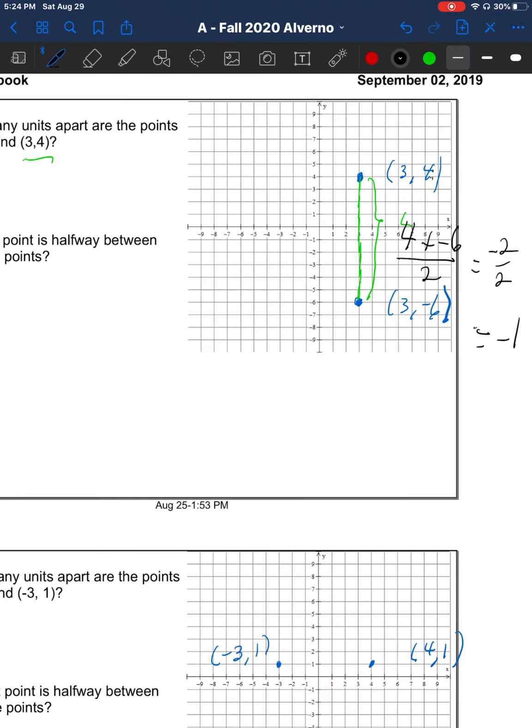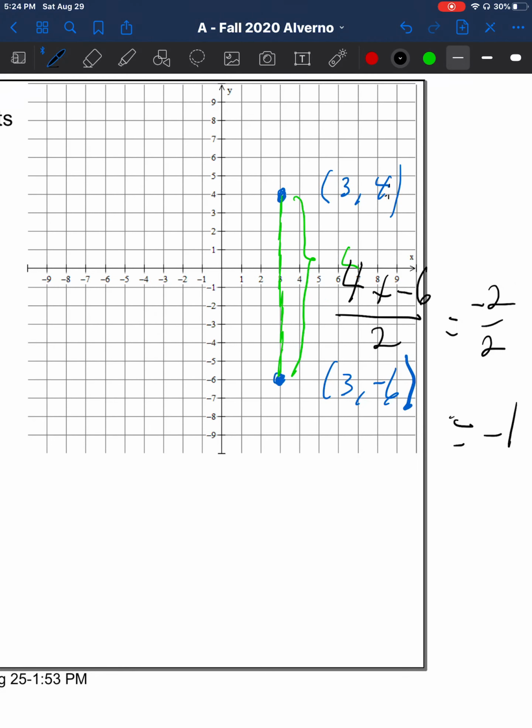So what does this say? At the value of minus 1, which is here, this is the y value, and it's halfway between. In other words, this is the value for the y.